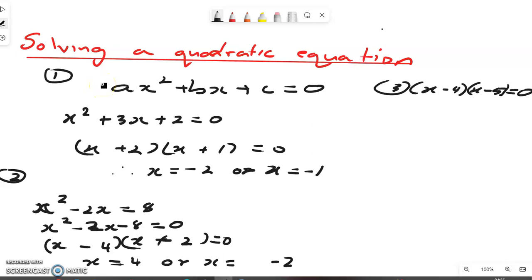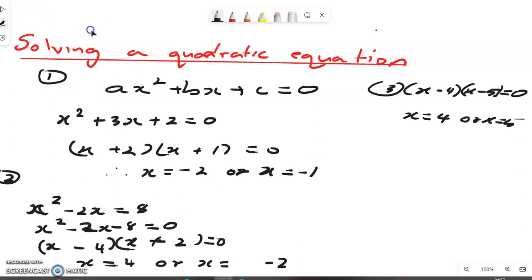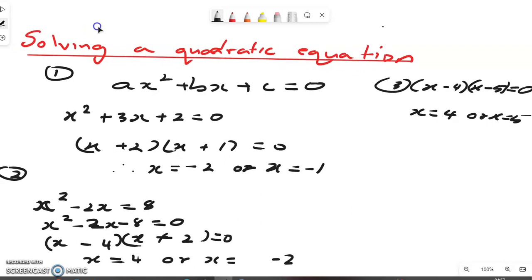Should it look like this, it is already factorized. So x is equals to a positive 4 or x is equals to a positive 5. There is no need to start by factorizing again.